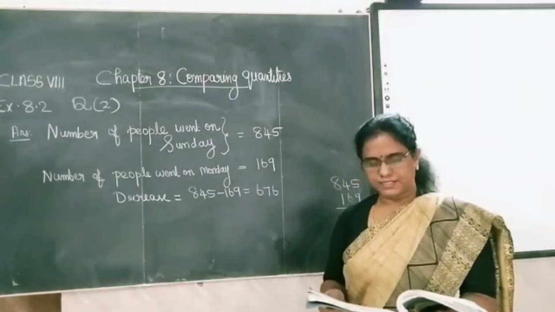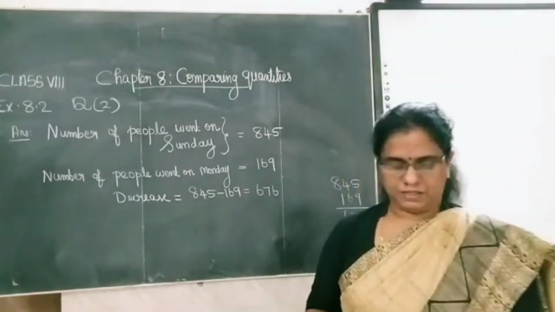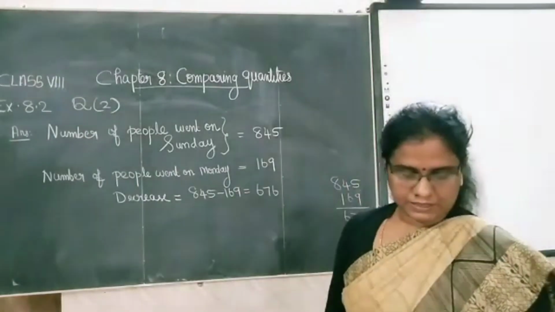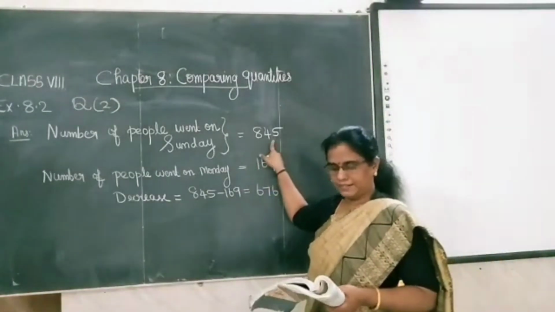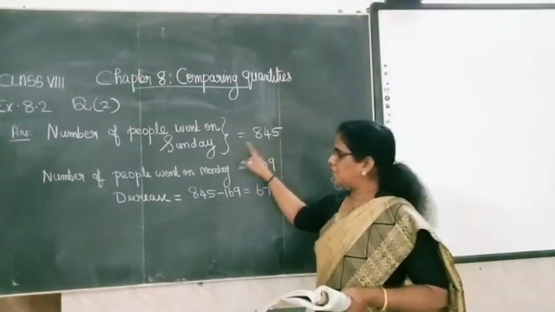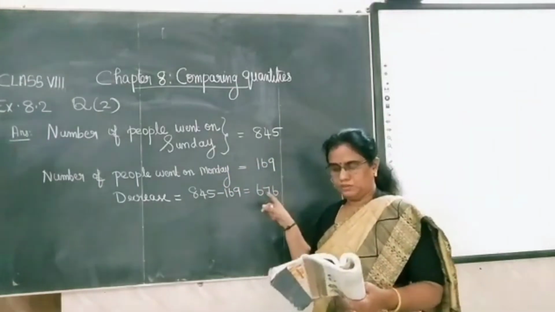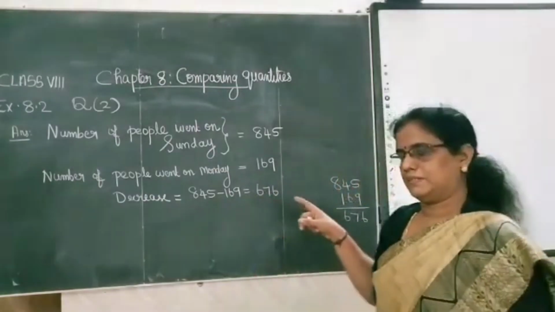What is the percentage decrease in the people visiting the zoo on Monday? So it is given in this question. Sunday, the number of people went on Sunday, that is 845, and on Monday it was 169. So we have to find the decrease percentage.